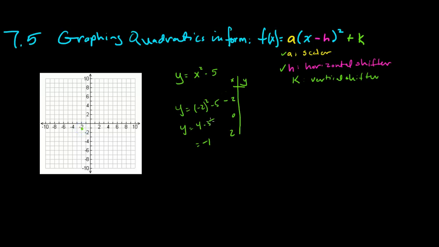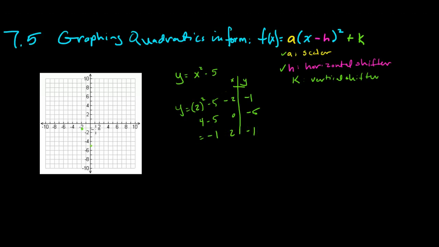When x is equal to 0, we get 0 minus 5, or y is equal to -5. So 0, -5 is a point. When x is equal to 2, I'm going to get 2 squared minus 5, or again 4 minus 5, which would be -1 again.